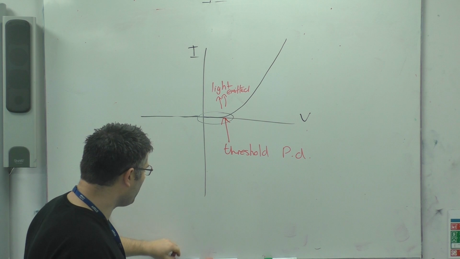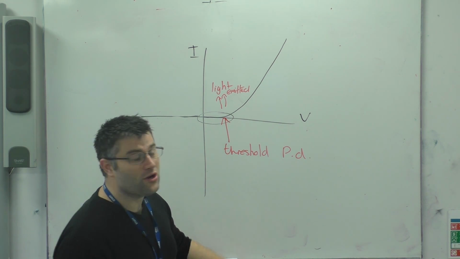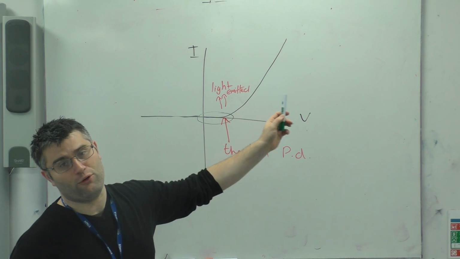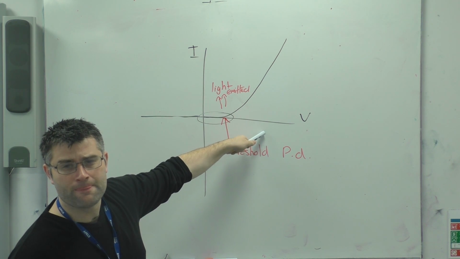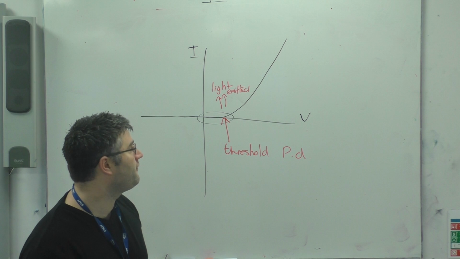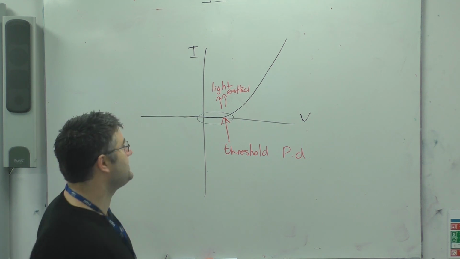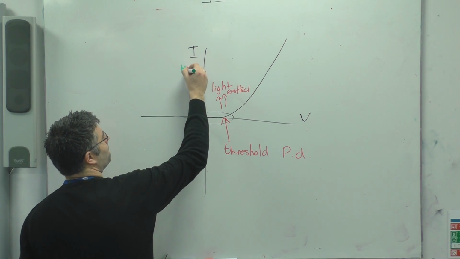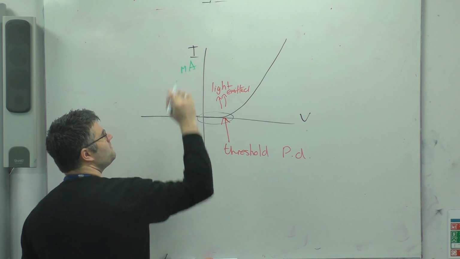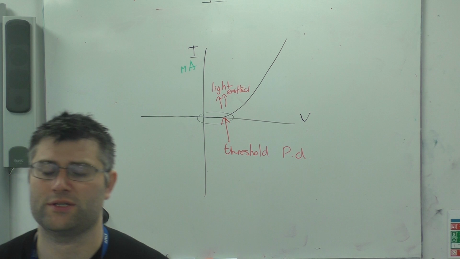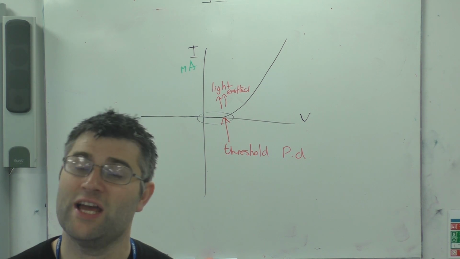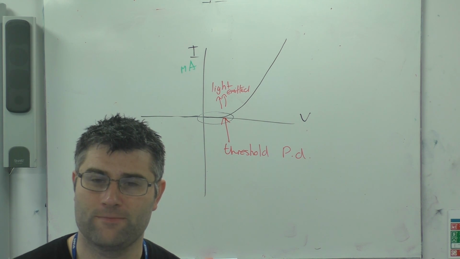Another important feature is not so much of the graph itself, but of the axes we're looking at here. Interestingly enough, these deal in milliamps. They don't deal in amps because you don't need a huge amount of current or a huge amount of voltage to get these things to turn on.